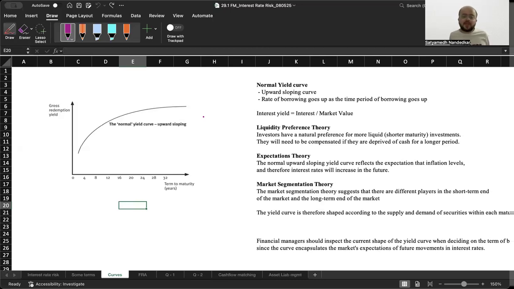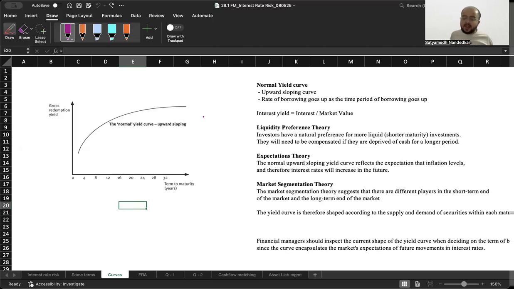History has shown us that as time goes ahead, the prices of commodities become more and more expensive. And to finance the purchase of those commodities, there would be more borrowing. And if there is more borrowing, the interest rate would be higher. So that is the second reason behind why the normal yield curve is an upward sloping curve.